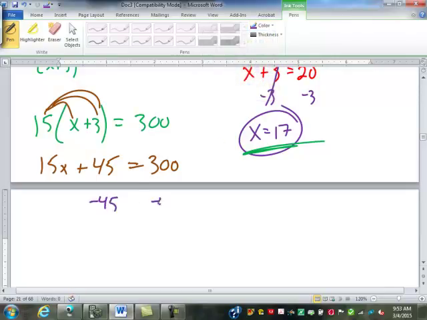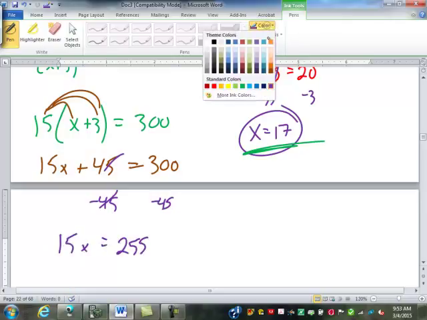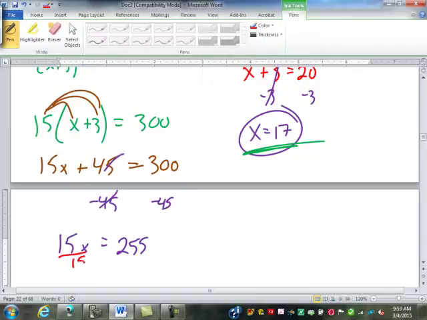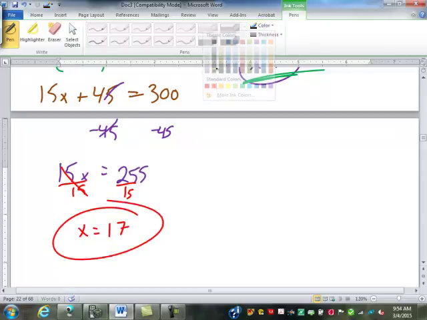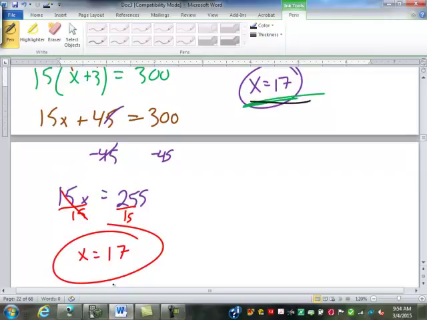Subtract 45. 15x equals 255. Divide by 15. X equals 17. Surprisingly, you get the same answer either way.